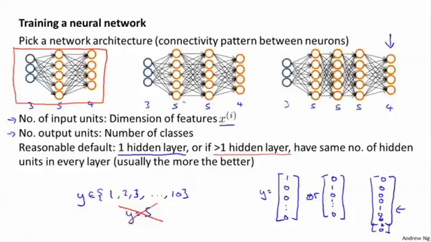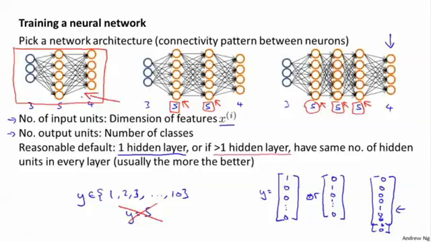So here we have 2 hidden layers, and each of these hidden layers has the same number, 5, of hidden units, and here we have 3 hidden layers, and each of them has the same number, that is 5 hidden units.